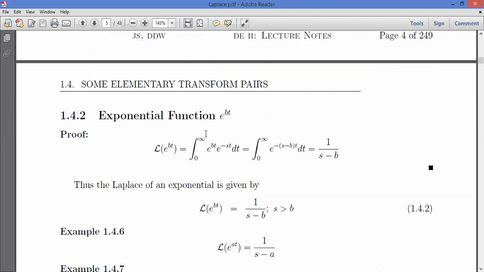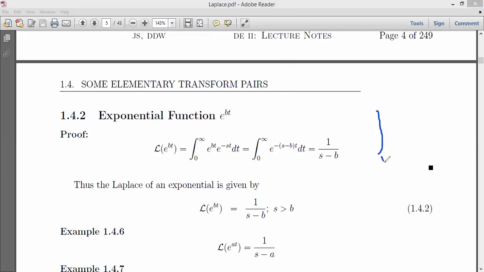We already know the definition of a Laplace transform, which is the integral from 0 to infinity of e to the minus st f of t dt.